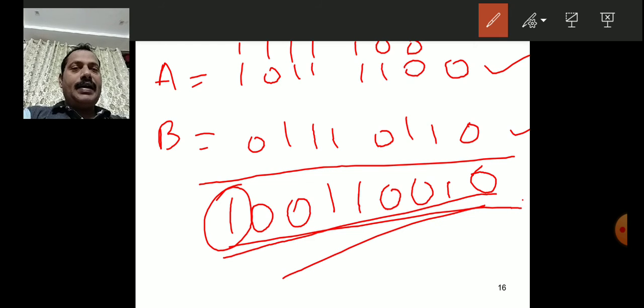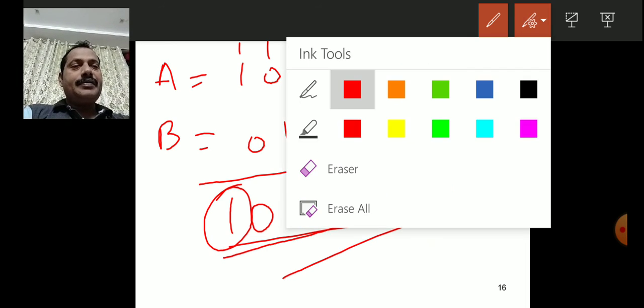Like this, for the 8-bit addition, 8 full adders are needed, and they are connected like this.